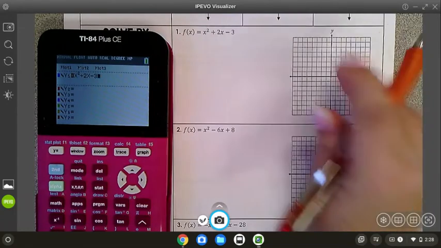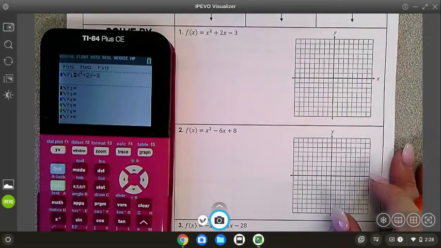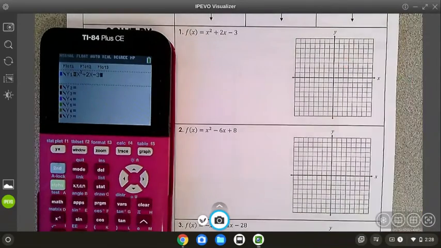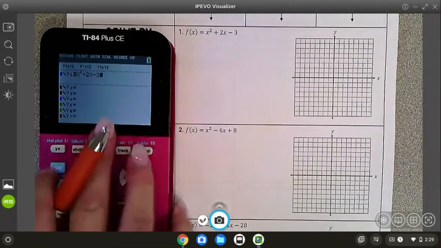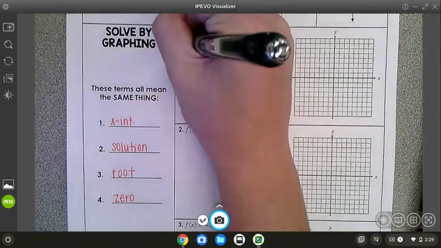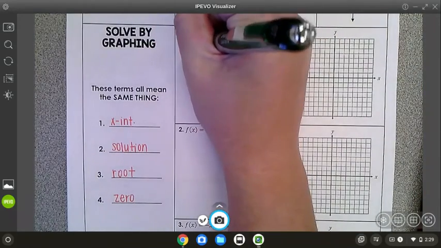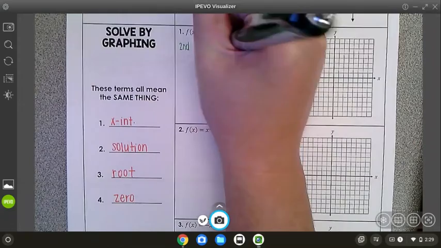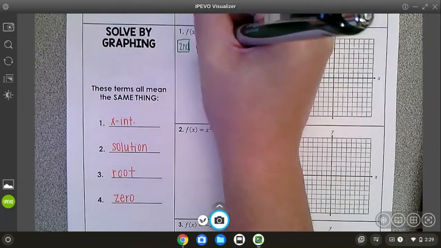We want to be as precise as possible, which means we want to get as many points as we can by going to the table. And so to get to the table, we're going to click Second Graph. And that's going to take us to the table.